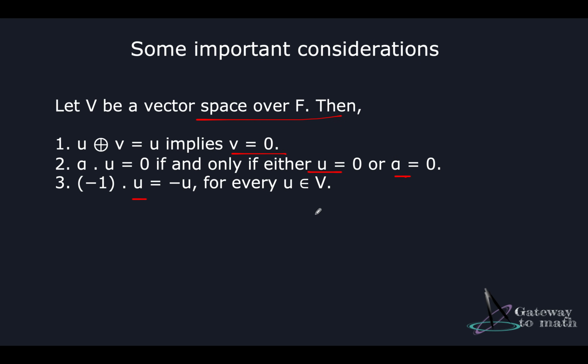This negative is the negative of the direction, right? So if your vector was in this direction and you multiplied it with -1, the direction actually changed. The sign shows the direction of a vector which belongs to V.